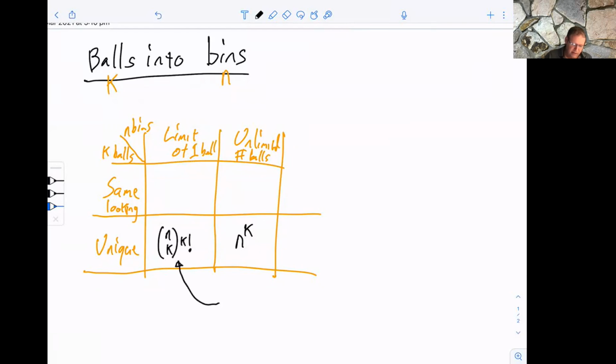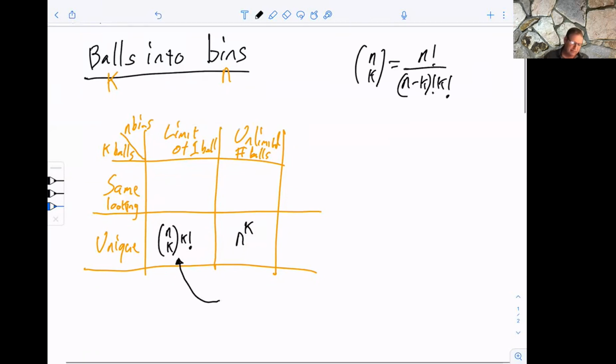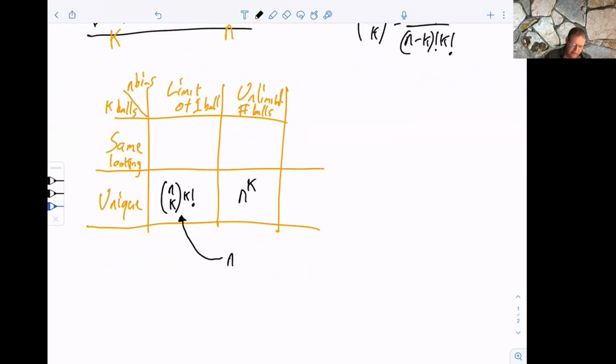This is not the way we would have introduced it first, but now you know, we also spoke about (N choose K), the binomial coefficients. And this is just N times (N minus 1) times (N minus 2) times ... times (N minus K plus 1). Okay.